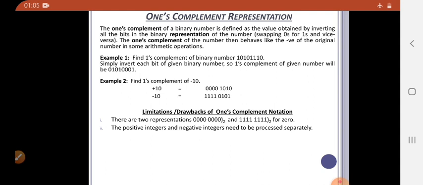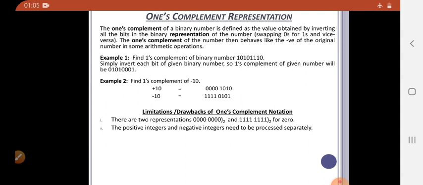Next example. Find 1's complement of -10. This is a little tricky. If you have to find the complement of any negative number, what you have to do? First, you write the positive value of that number.